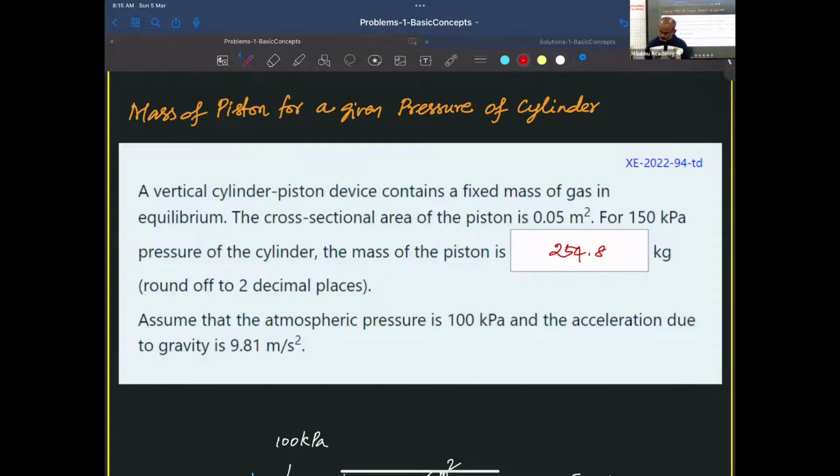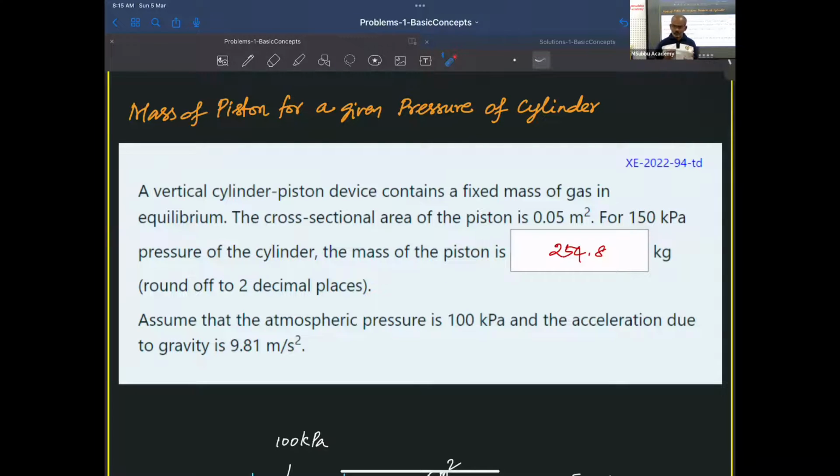Okay, to quickly summarize again what is asked and what we have done. It's about finding the mass of the piston for a given pressure of the cylinder. So the piston cylinder arrangement has a fixed mass of gas in equilibrium. The cross-sectional area of the piston is 0.05 meter square, for 150 kPa pressure of the cylinder. Here you may have doubt whether this is gauge pressure or absolute pressure.